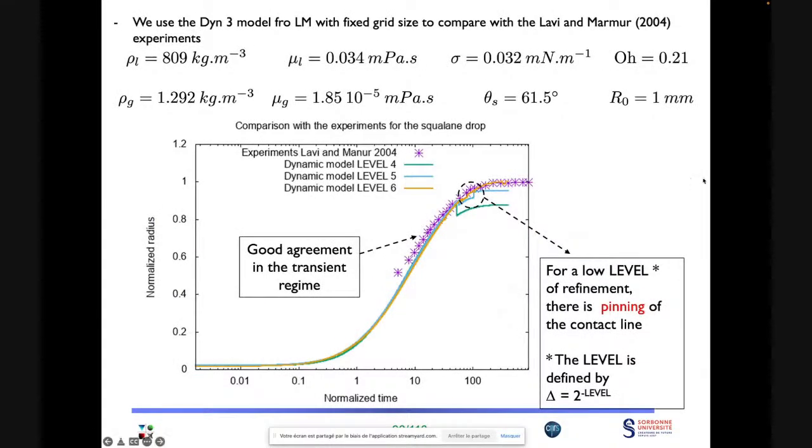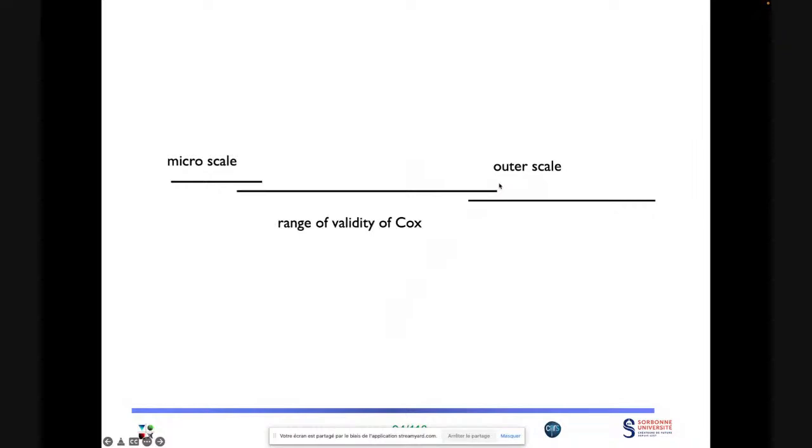We can also try to reproduce experiments by Lavie and Marmor on spreading droplets. You see here that as we refine the simulations, we have these kind of jumps that become smaller and smaller, but they're still a bit worrisome, so we're also working on that.